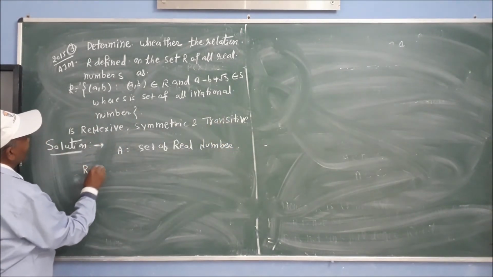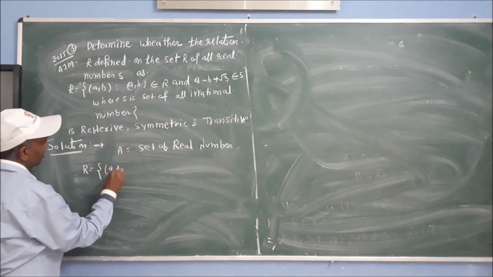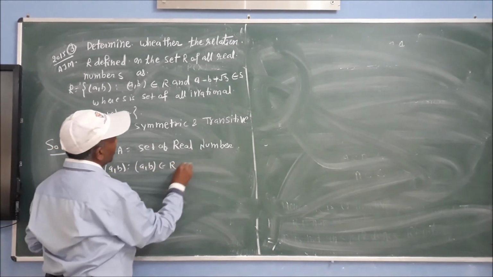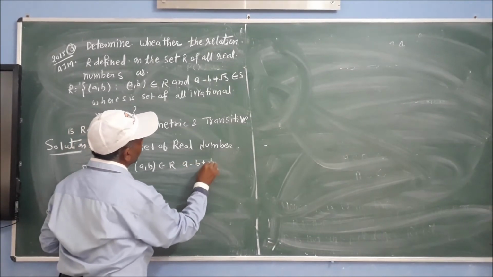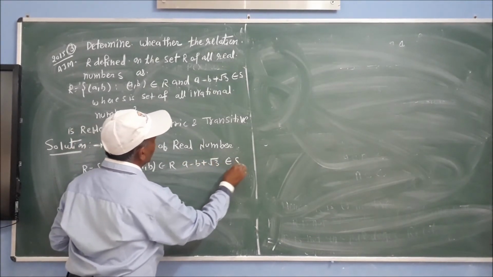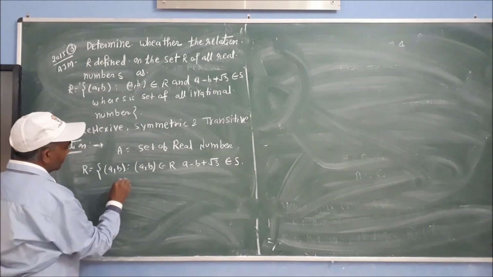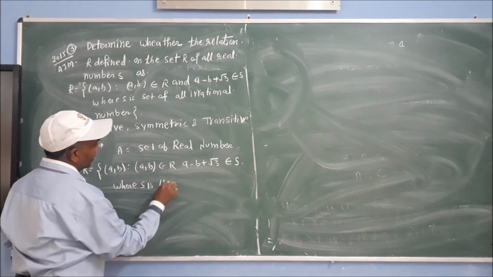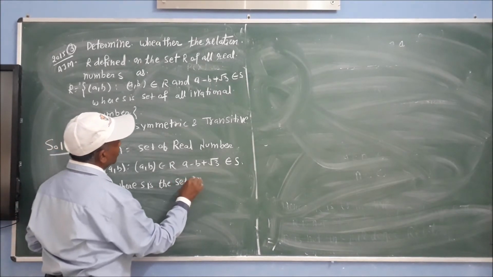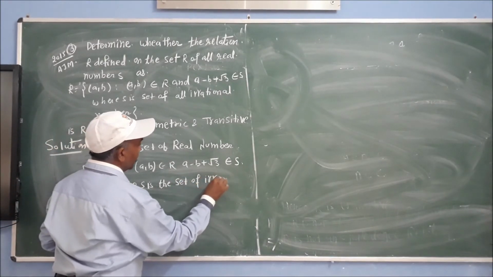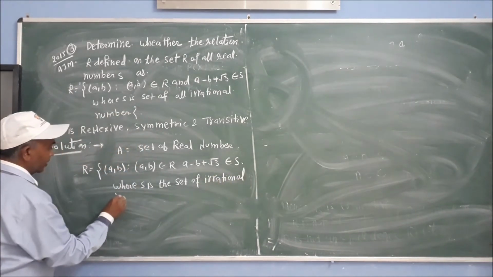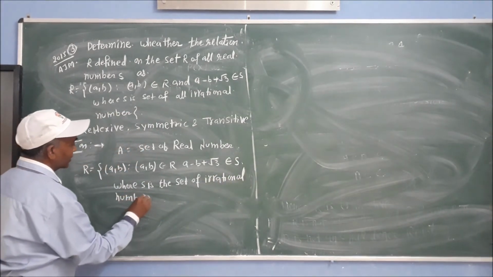And R is a relation in which (a, b) belongs to R such that a minus b plus root 3 belongs to S, where S is the set of irrational numbers.